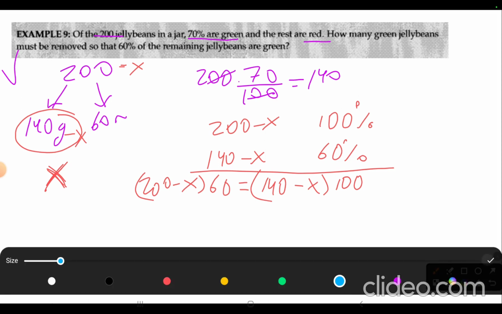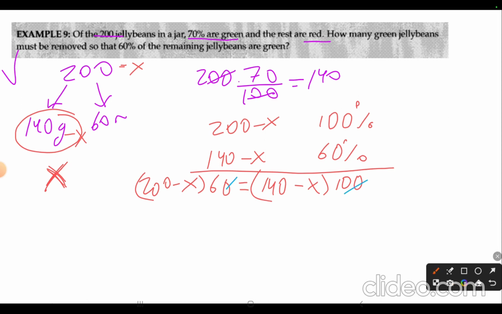Let's cancel this 0 and also we can simplify by 2. Here will be 3. By 2 will be 5. So we have 200 minus x times 3 equals 140 minus x times 5.